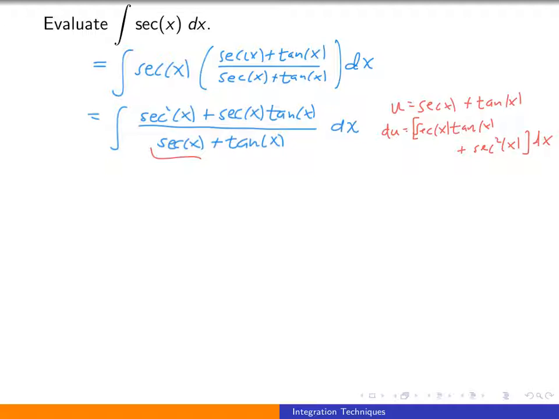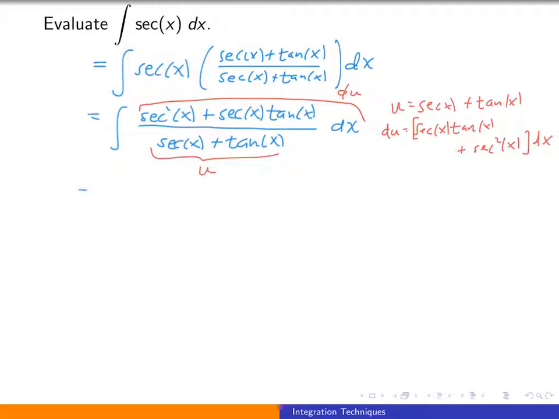So everything in the top, including the dx, becomes du, and everything in the denominator becomes u.